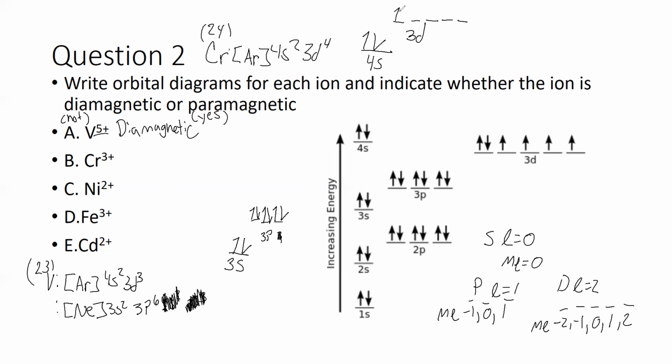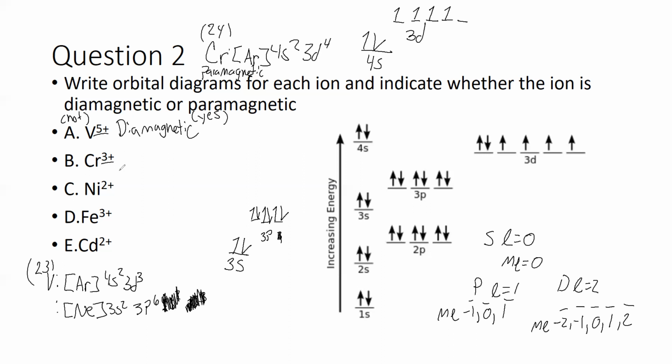And remember, one of our rules is when we're putting electrons in an orbital, they do not want to be paired up if they don't have to be. So I have 5 spots where an electron could go and only 4 electrons. So each electron gets its own spot. So for neutral chromium, I have unpaired electrons in the d orbital. They don't have a partner in their slot. So neutral chromium is magnetic.